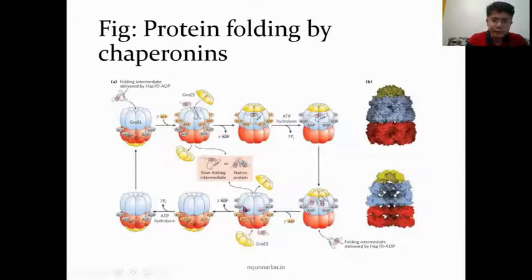So during this, the hydrolysis of ATP will cause the chaperonins to cause the proper folding of the protein into the native form, and this native form is then made available to do its function. So this is how the chaperonins cause the proteins to fold properly.